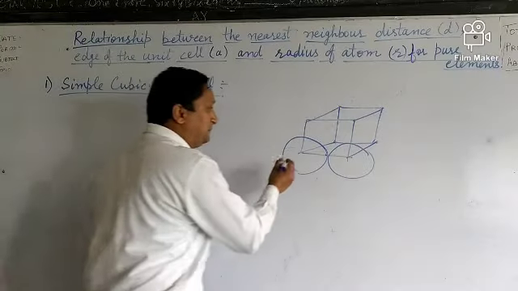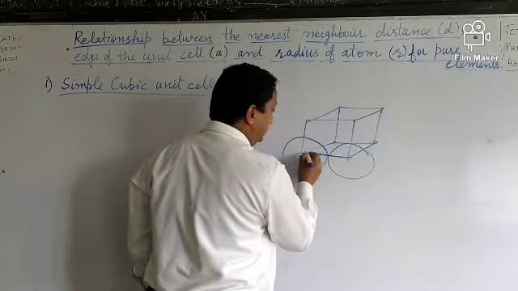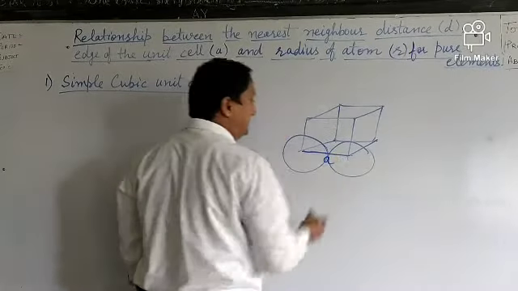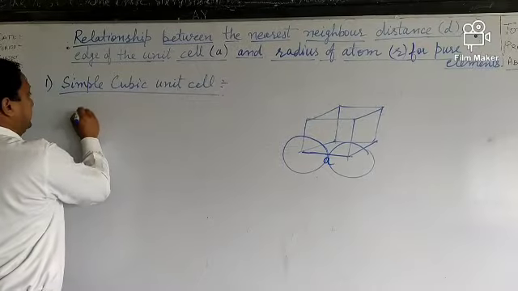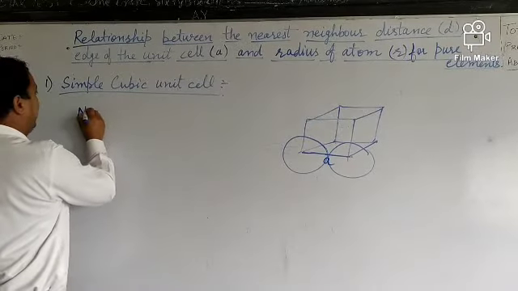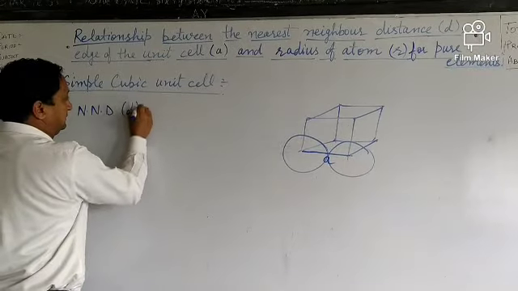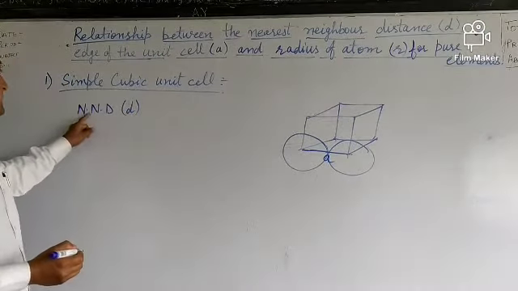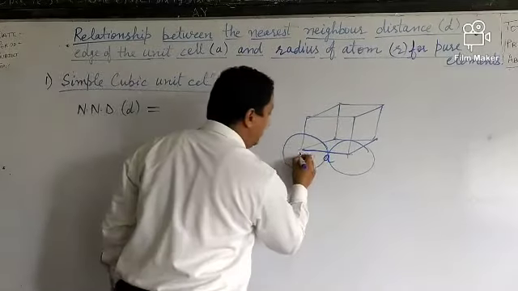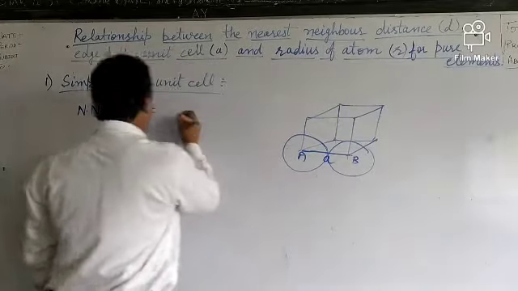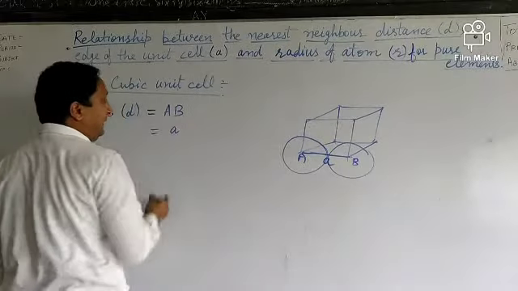And the nearest neighbor distance, that is 2r, this r and this r, is equal to A, which is the edge. So the nearest neighbor distance, I will write it NND just to save time. Nearest neighbor distance D is equal to this AB, which is equal to A.